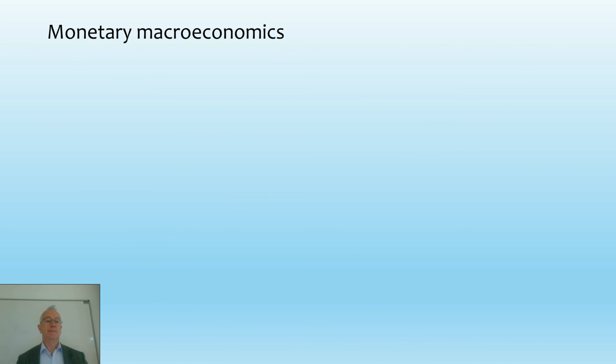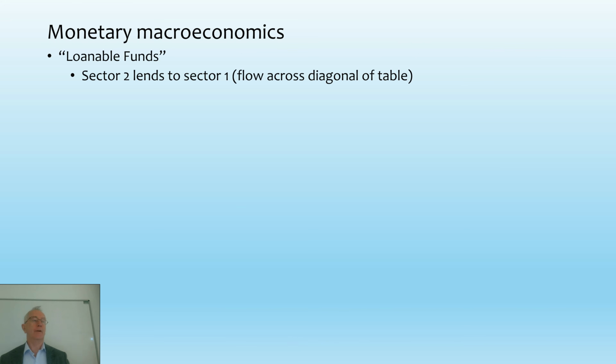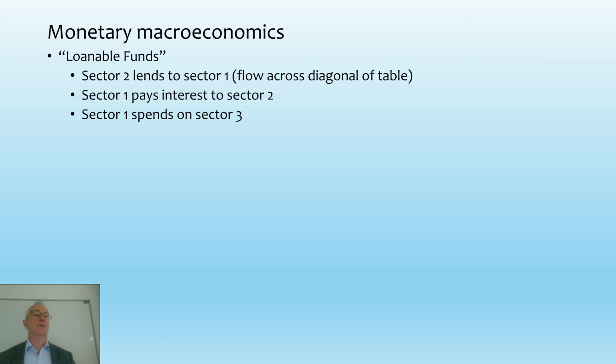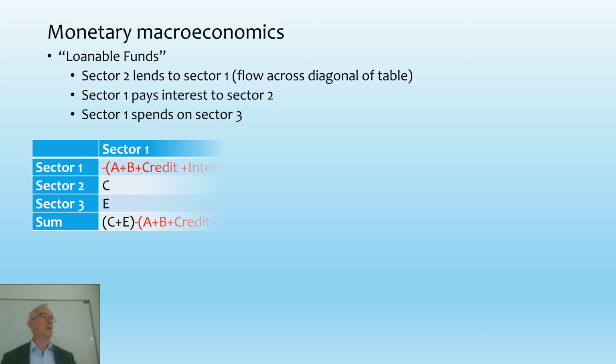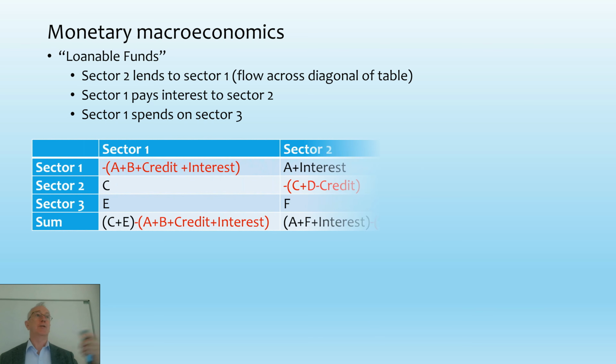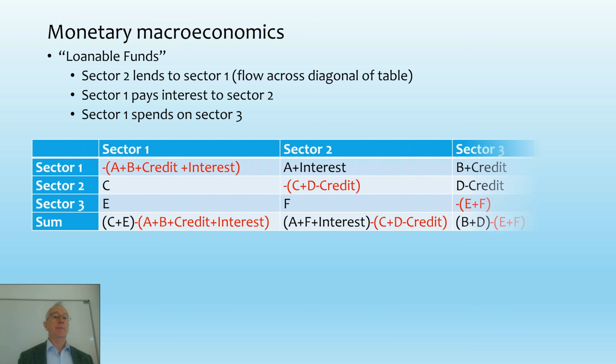Now with loanable funds, I have sector 2 lends money to sector 1, and then of course sector 1 has to pay interest to sector 2, and then sector 1 spends the money they've borrowed on sector 3. Quite simple. So you do that, and I'm calling the rate of flowing credit, which is dollars per year. Credit's a flow of money per year.